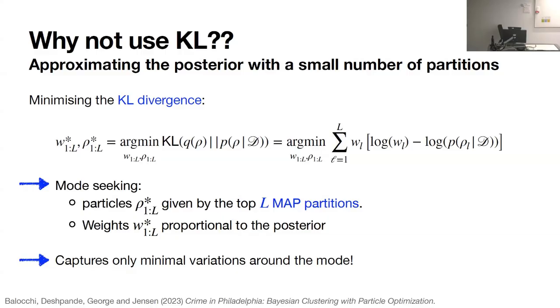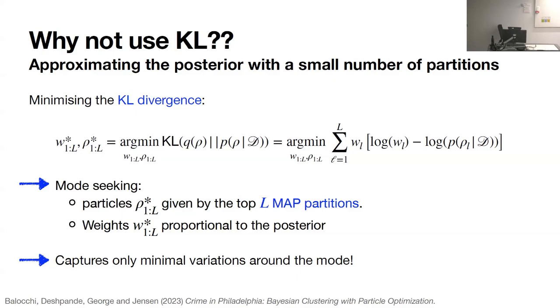Ciccilia looked at this in some previous work, and it's not too difficult to show that in this case, your top particles would just correspond to the top MAP estimates, the partitions with the highest posterior. And the weights would just be proportional to the posterior of this. The issue is that this only captures very minimal variations around the mode.